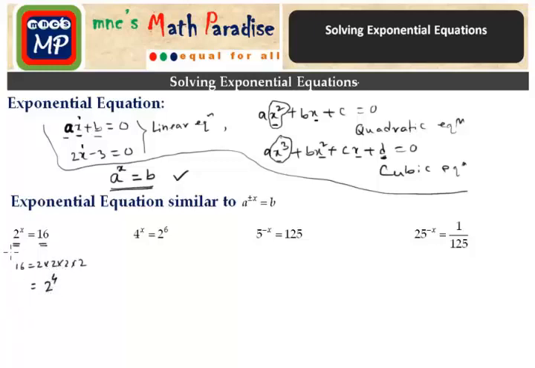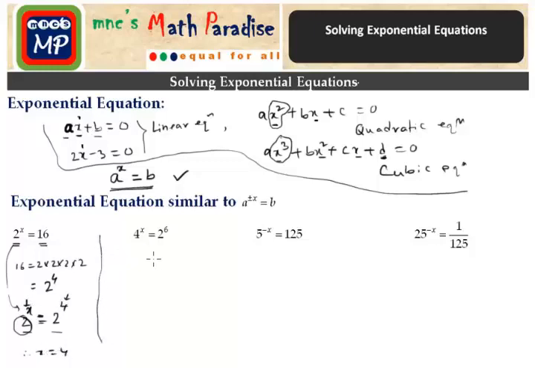So from this equation we can write 2 to the power x equals 2 to the power 4. That means if the bases are the same and they are equal, then these two powers must be equal. So therefore x equals 4.